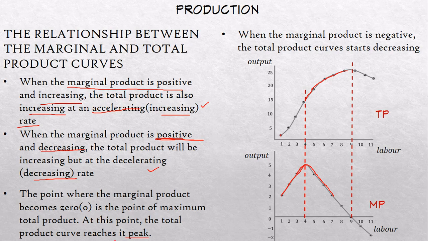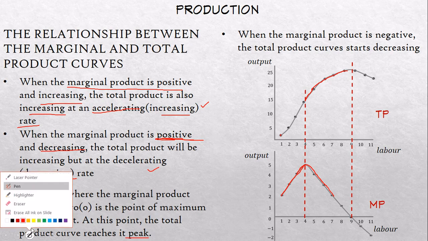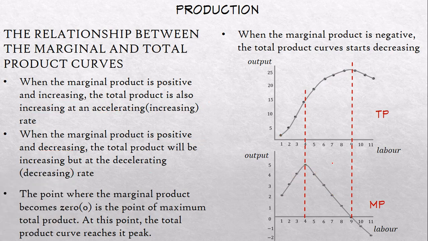What this means is that when the marginal product is zero, when the units of labor is 9, the total product is at its maximum. It is at its peak, the highest point.